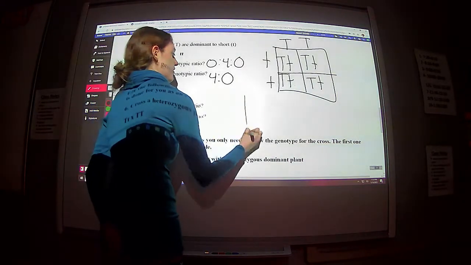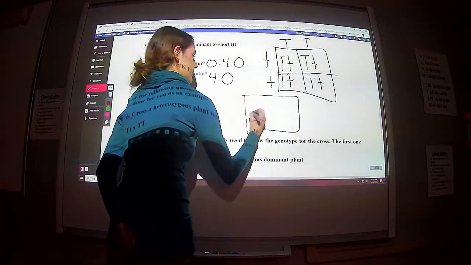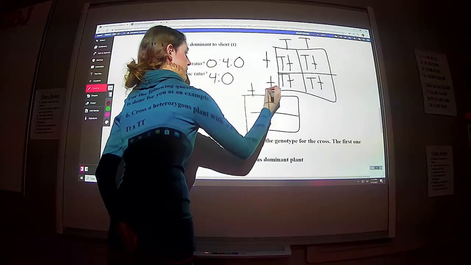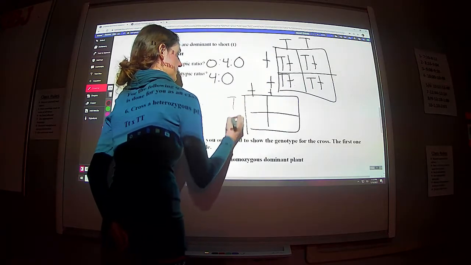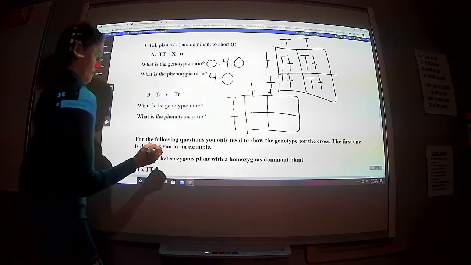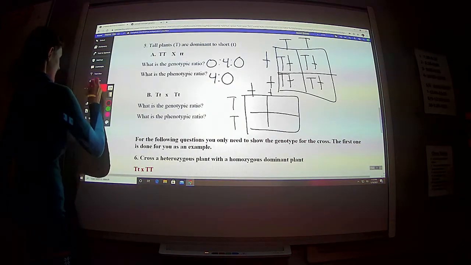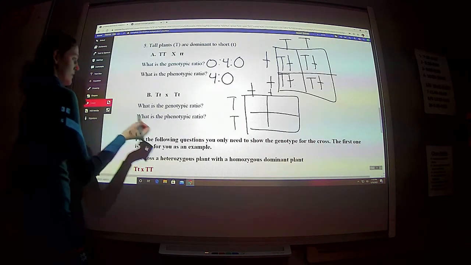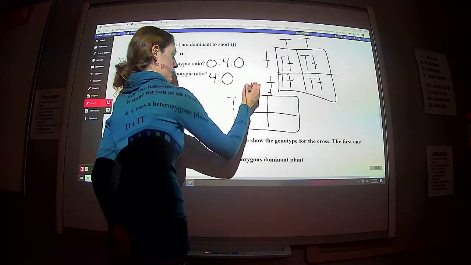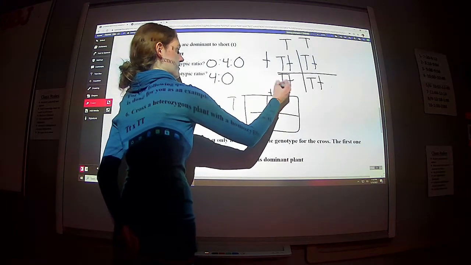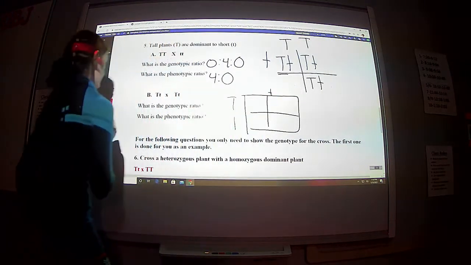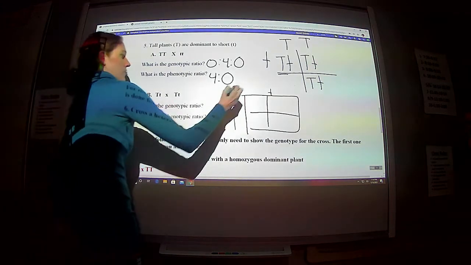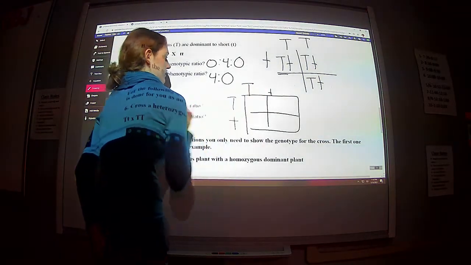And then in my next cross, I'm going to cross the heterozygous form of it. Capital T, lowercase t, capital T, lowercase t. I said it right, I just didn't write it right. Erase that part there so I don't get it confused. Capital T, lowercase t.